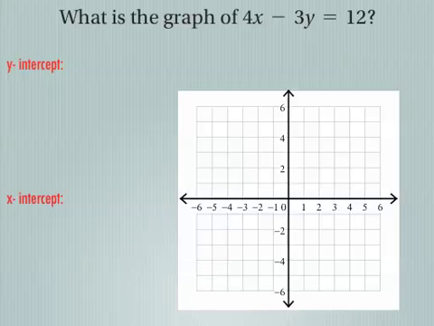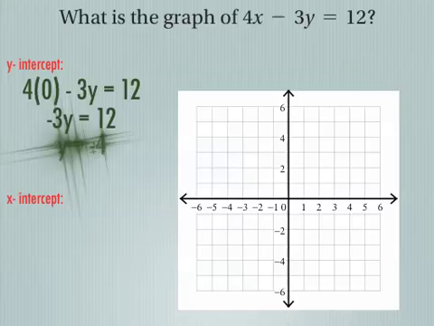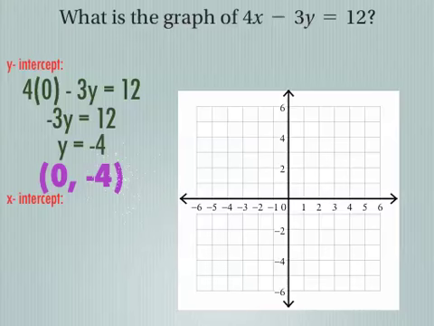So to find the y-intercept, remember we plug in 0 for x, so we have 4 times 0 minus 3y equals 12. 4 times 0 is 0, so you're left with negative 3y equals 12. When you divide both sides by negative 3, you get y equals negative 4. So your y-intercept is the point at 0, negative 4.